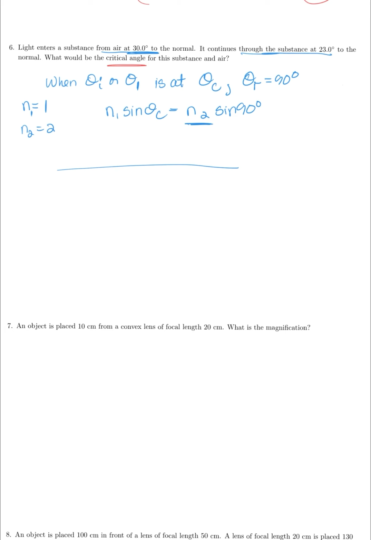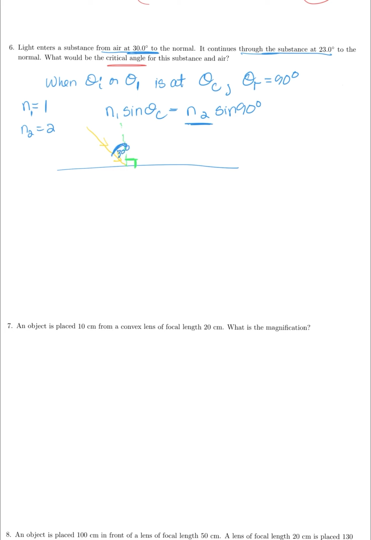We have light entering a substance like this, and it is at 30 degrees to the normal. Remember that all angles are measured from the normal line, which is perpendicular to the surface, whatever the boundary is. So that means that this angle right here is 30 degrees.